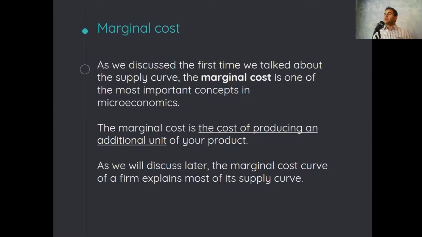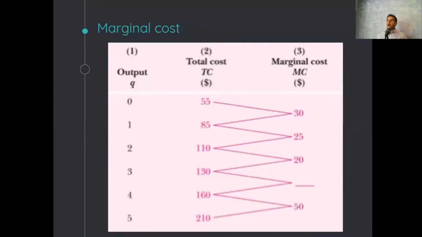The supply curve that you show to the market is literally dependent on your marginal cost, and they have the same shape. That's why in microeconomics we normally use interchangeably the idea of marginal cost of a firm with the supply curve. The marginal cost of a firm is the difference for every unit of production.